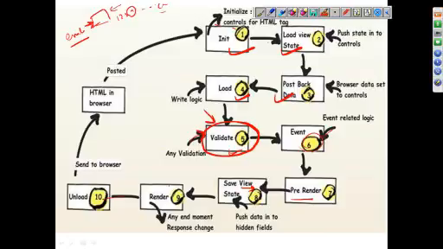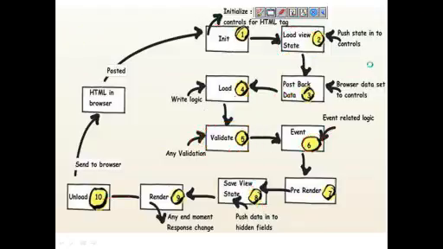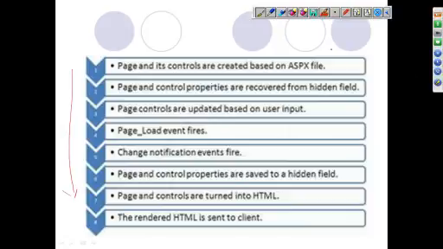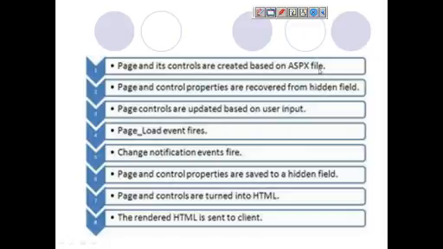Load view state, which we saw, pushes information from view state into the controls, and here you are saving information from controls into the view state. This only shows the main events which get fired. It is not showing details like pre-render, it will just show the render. So these are the main stages.